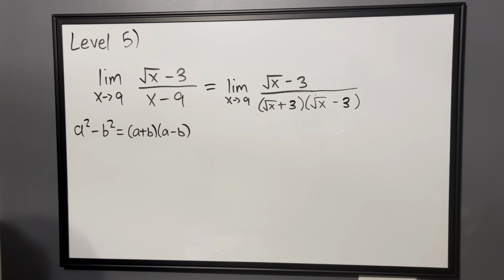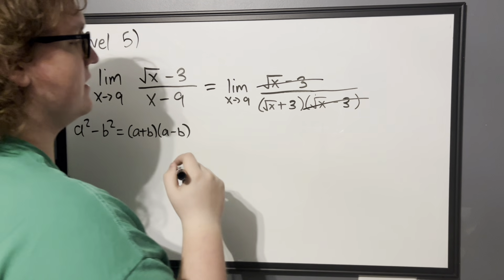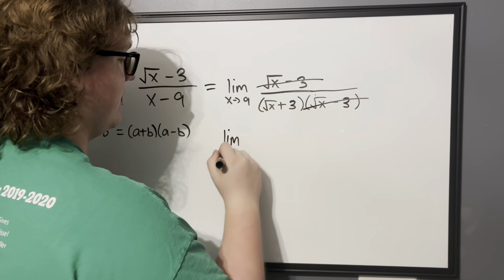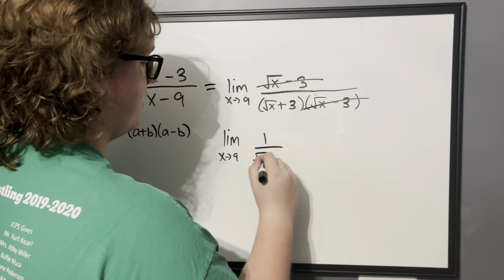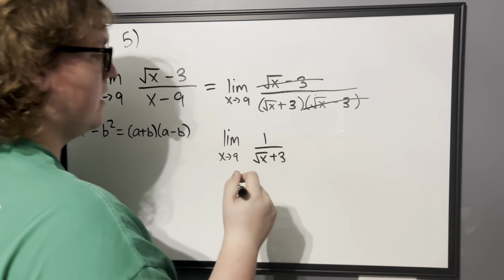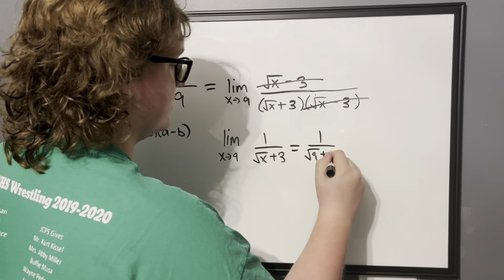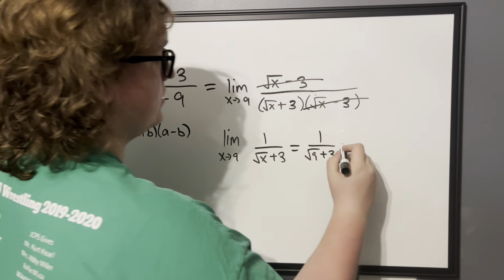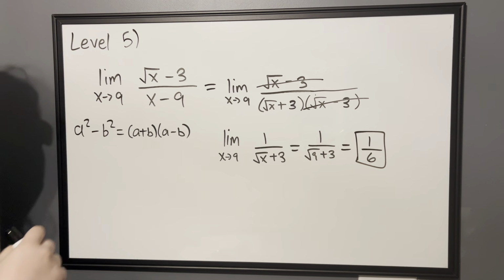And this is great because we can cancel out the root x minus 3 with the root x minus 3. So then we just have the limit as x goes to 9 of 1 over square root x plus 3. When we plug in 9 to this, we'll get 1 over square root 9 plus 3. This is 3 plus 3, so we're going to get 1 over 6. And that will be our answer to level 5.